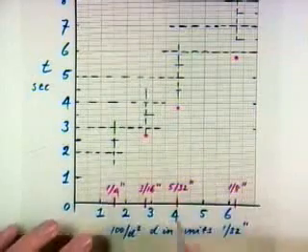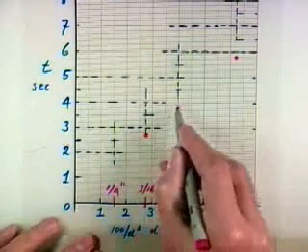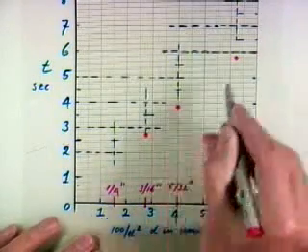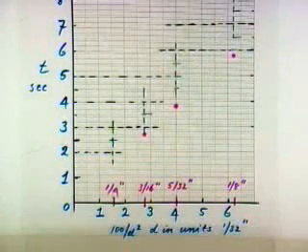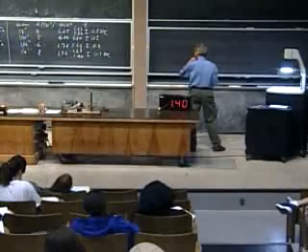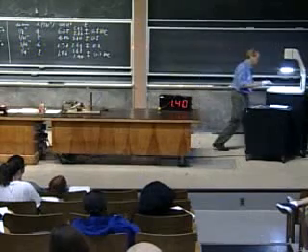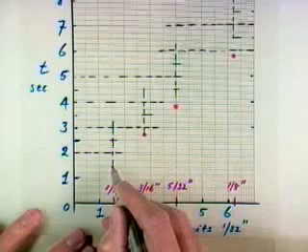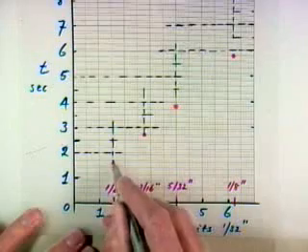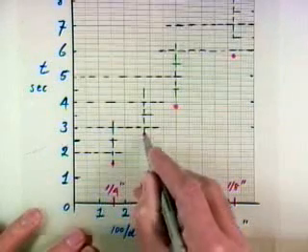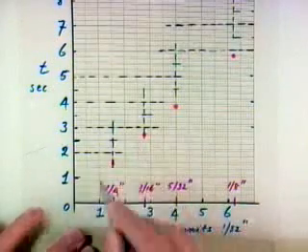I can hardly put in the error of the timing because it is not much larger than the size of my dot. And now we have the last one. Let's take the average. 1.55 with an error of about 0.2 of a second, and this has an error of about 0.2 of a second.